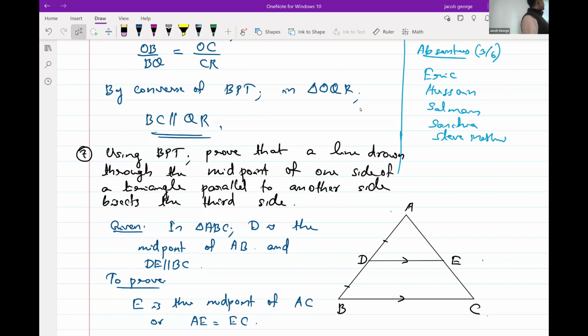What do you have to prove? It bisects the third side. That means we have to prove that E is the midpoint of AC. So please draw a neat diagram and write given and to prove.